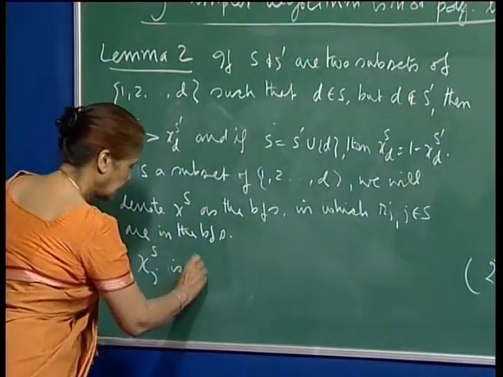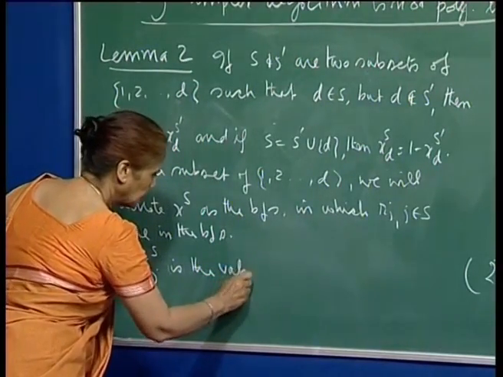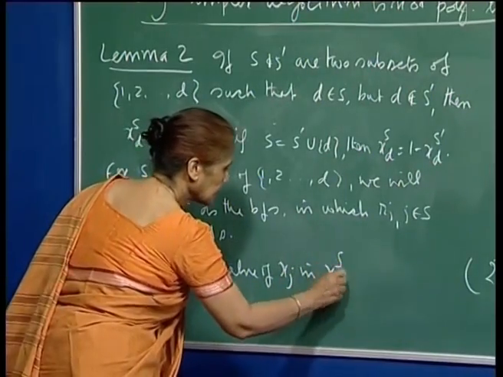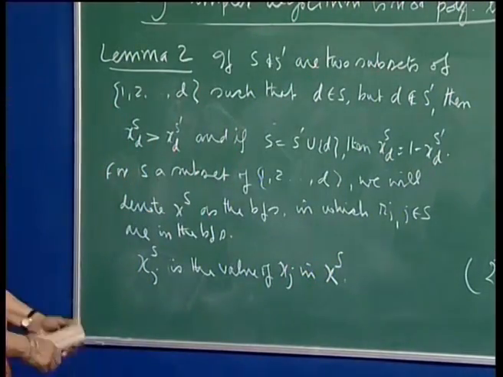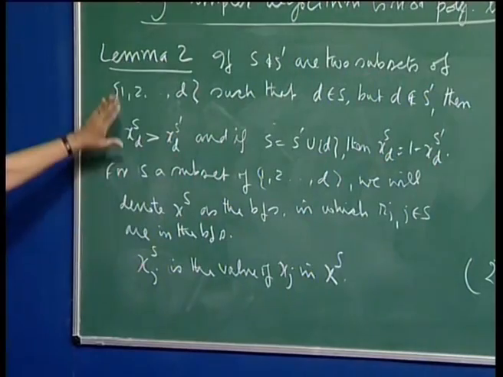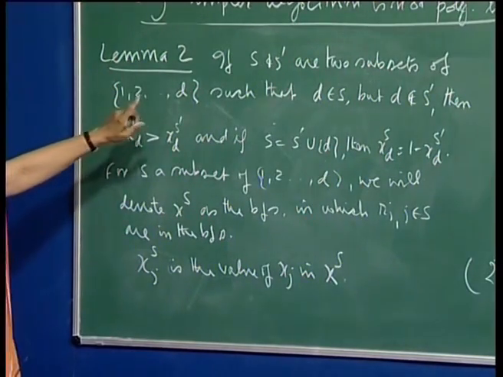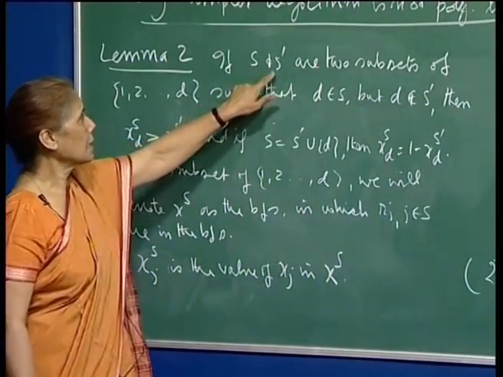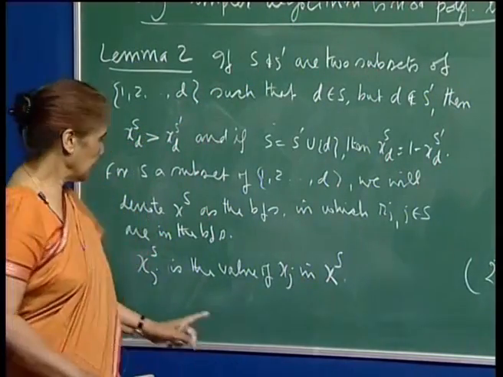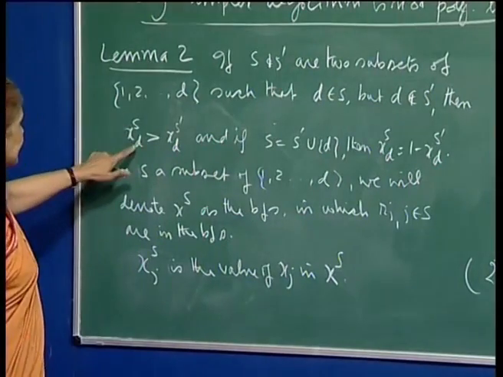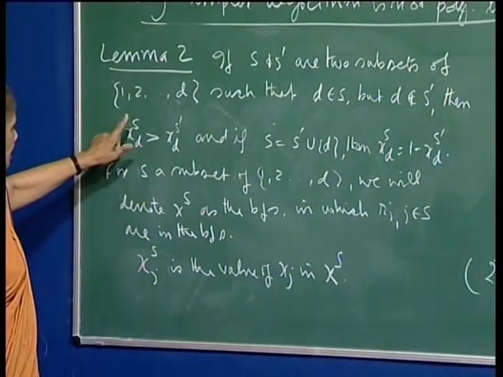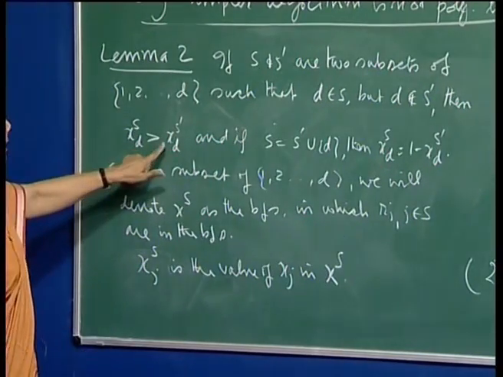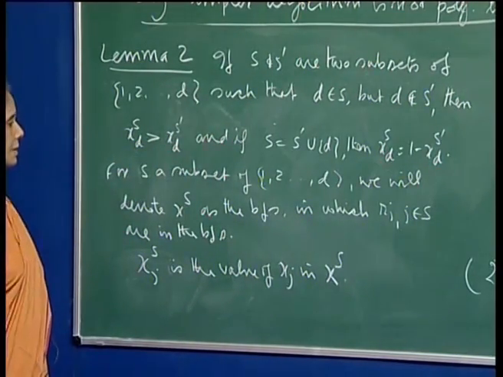With these definitions, the lemma is now clear: if S and S prime are two subsets such that d belongs to S, but d does not belong to S prime, then the value x^S_d, the dth component of the basic feasible solution x^S, is greater than x^S'_d.